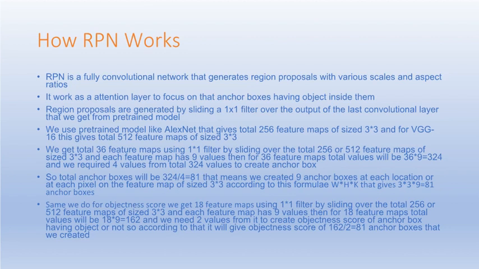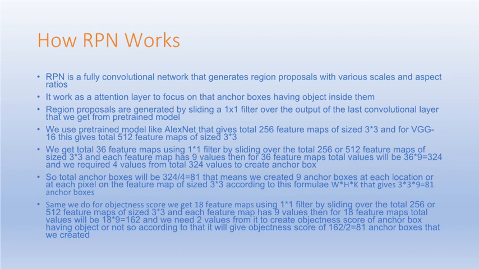We get a total of 36 feature maps using a 1x1 filter by sliding over the total 256 or 512 feature maps of size 3x3, and each feature map has 9 values. Then for 36 feature maps, total values will be 36 times 9 equals 324, and we require 4 values from the total 324 values to create an anchor box.